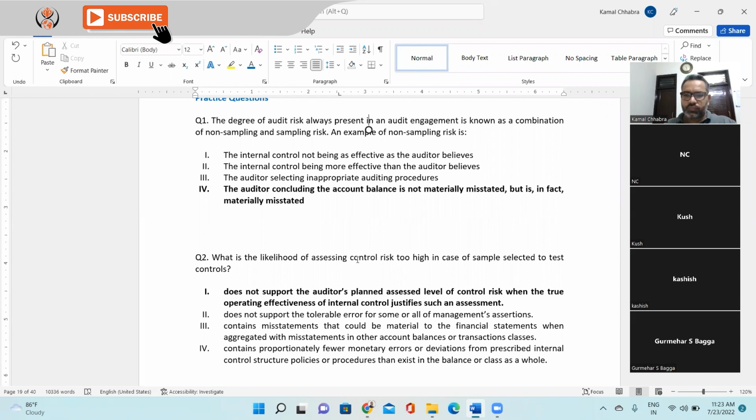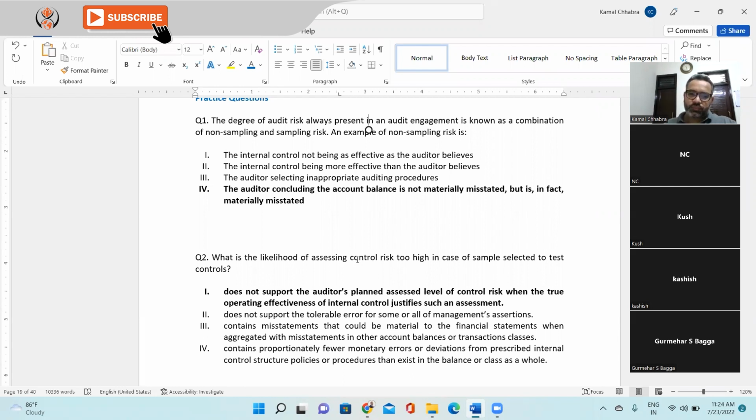So what I'm trying to understand is on what basis we rule out the first three options. Internal control not being as effective as the auditor believes: is the first option a beta risk and the second an alpha risk? Alpha risk, yes. Absolutely. Auditor believes meaning that the sample is correct, so we believe that everything is fine.